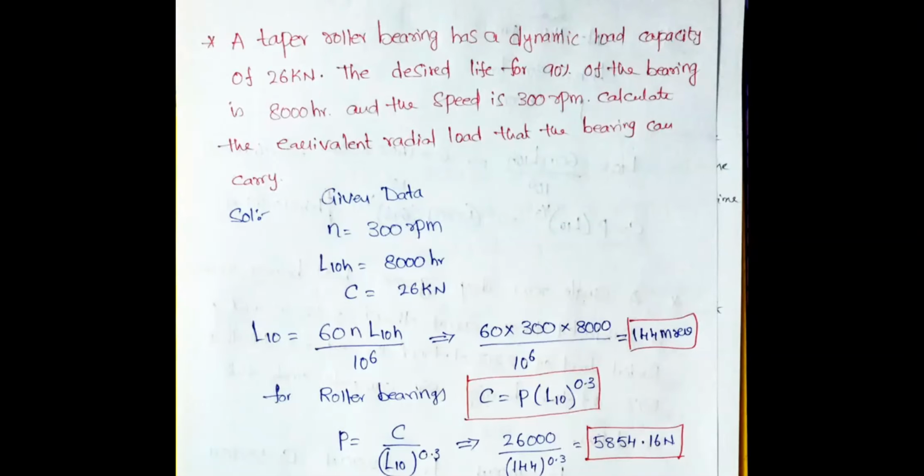Very, very important point. The second point is to observe what actual data is given in the problem. If any other data is required, please go to your data book. Otherwise, simply leave it. If everything is available in the given problem, there is no need to verify the data book; directly substitute into the relation.